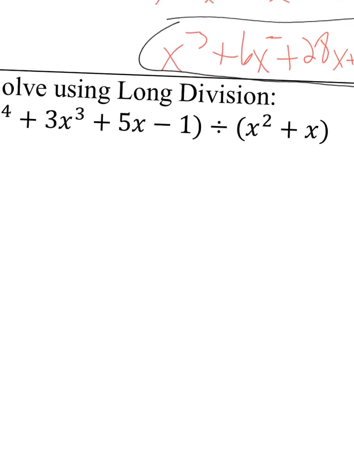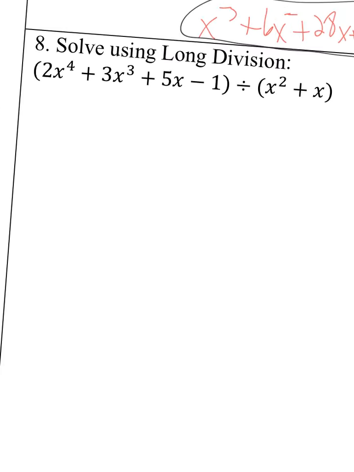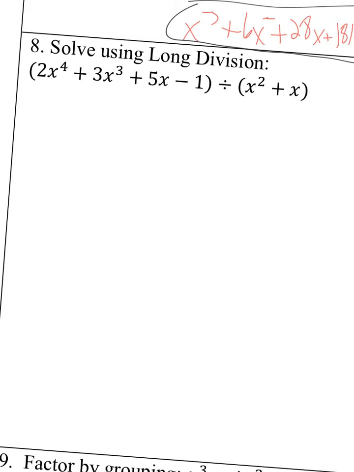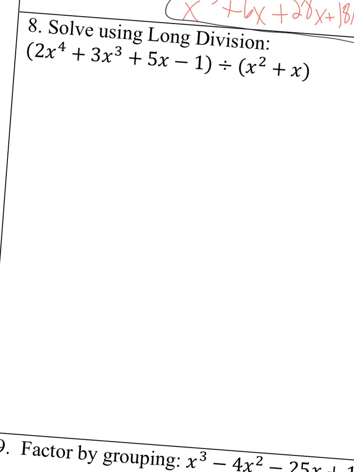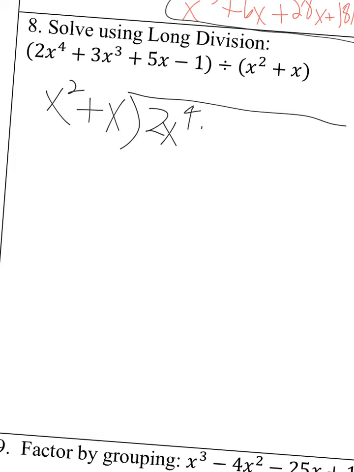Looking at number 8, you have to do long division. So we have x squared plus x dividing 2x to the fourth plus 3x to the third. If you see it skipping something, it's probably better to put a 0 in there as well.